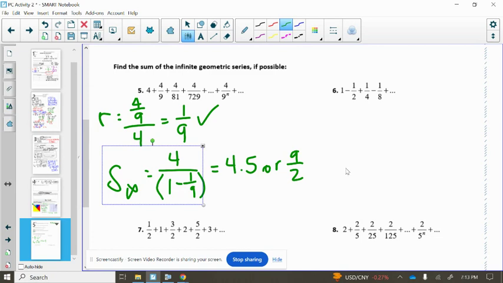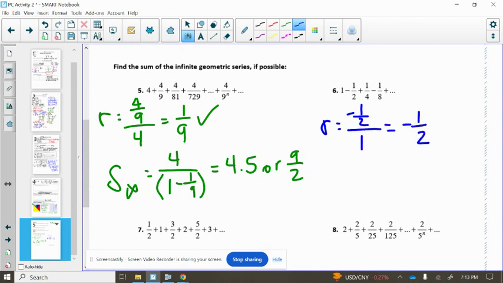In the next one, notice our r value this time, if we take term 2, which is -1/2, divided by term 1, which is just 1, we have an r value that, again, -0.5, is between -1 and 1, again, not equal to 0. So even though it's a negative r value, it's still a decimal in between -1 and 1.